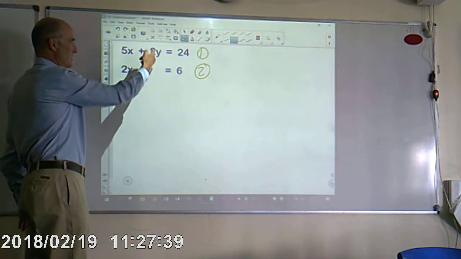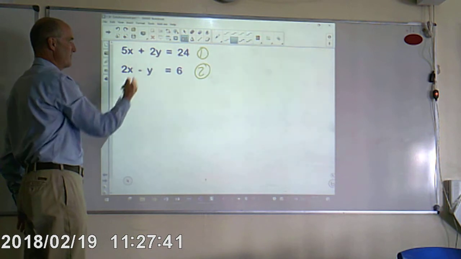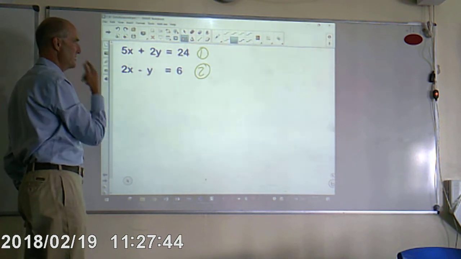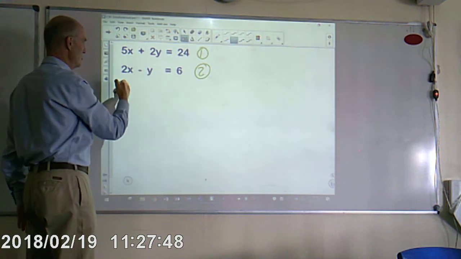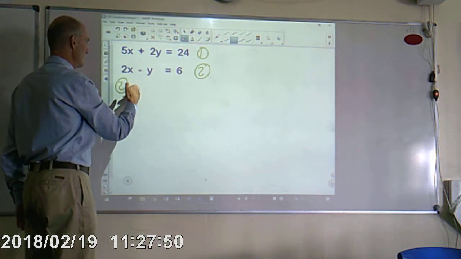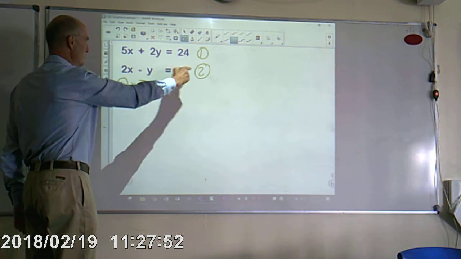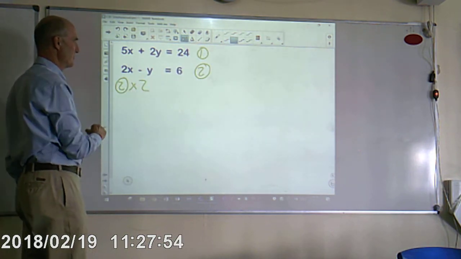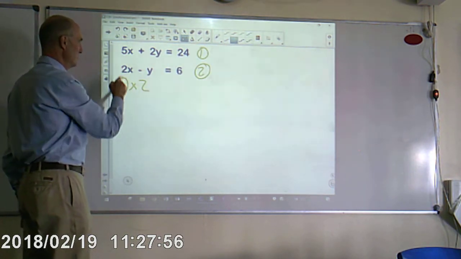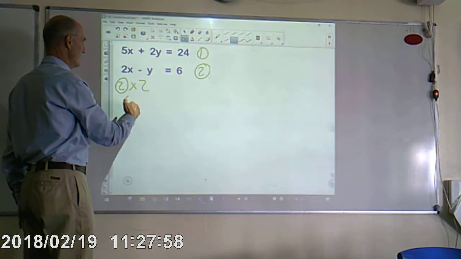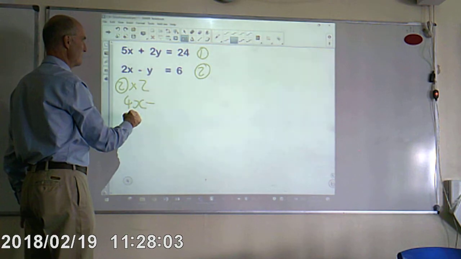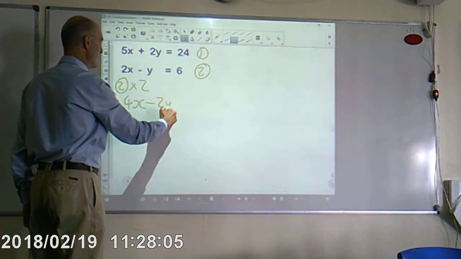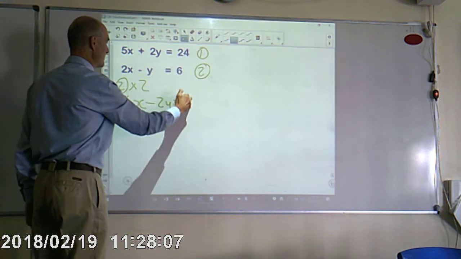What's going to be easiest here? I've got a 2 in front of the y there, I've got a 1 in front of the y there. What I'm going to do is say equation 2, I'm going to multiply it by 2. So all of equation 2 there, I'm going to multiply by 2. That means 2 times 2x gives me 4x. 2 times a negative y gives me minus 2y. 2 times 6 gives me 12.